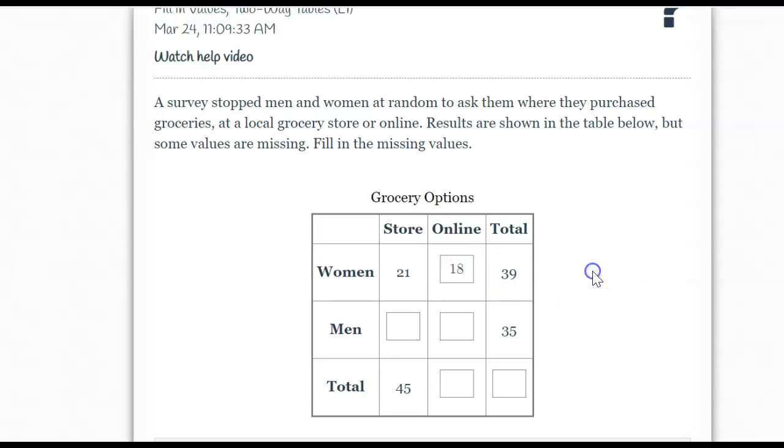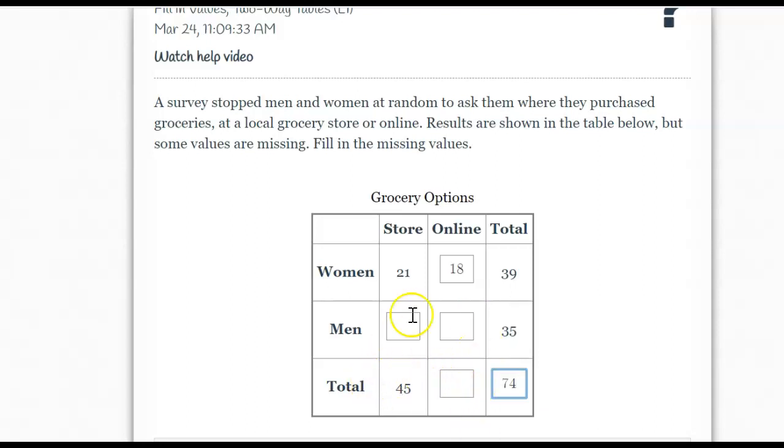And as I fill that in, I'll then develop enough information to fill in other pieces. So look around. You can do this in lots of different order. Think about, okay, here I see there's the total number of people. Well, total women, total men, total people. 39 plus 35 equals 74.